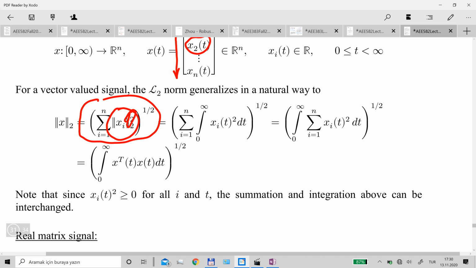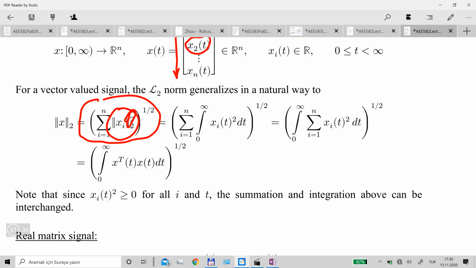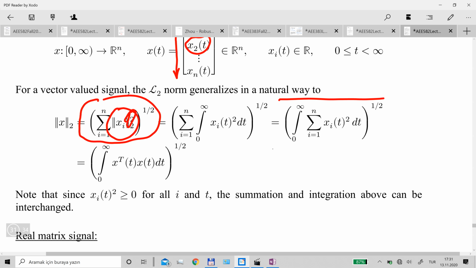We apply that trick here when defining the norm of the vector signal, and the 2 norm for that vector signal becomes what you see here. If you look at the inside, you have the summation of terms at a specific time instant t of your vector signal.